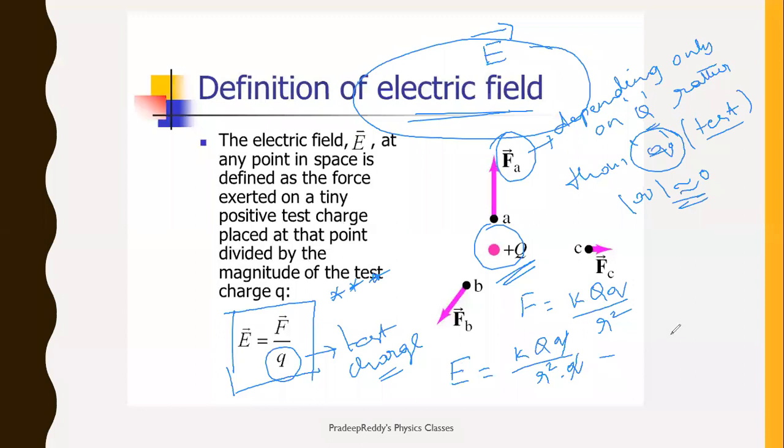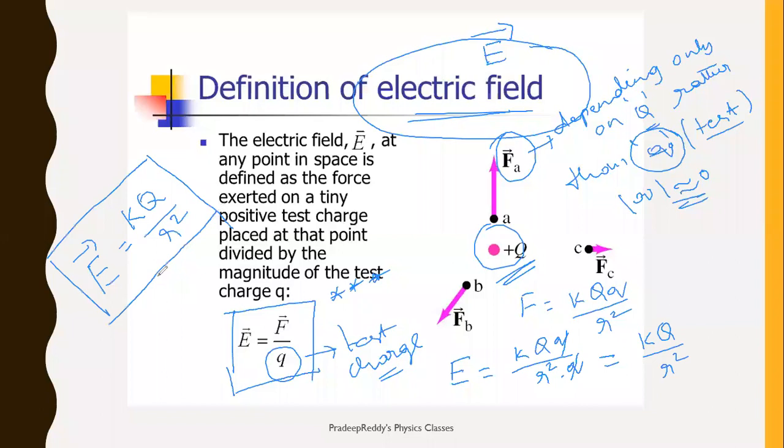Finally we are left with K capital Q divided by R square. Therefore, electric field has the formula E bar, which is a vector quantity, equal to K capital Q divided by R square. This is the equation for electric field. Very, very important concept.